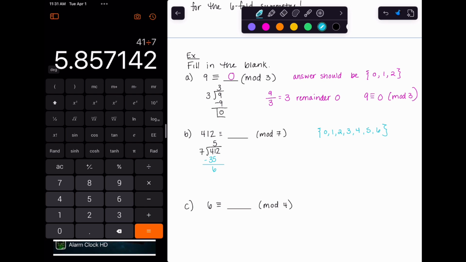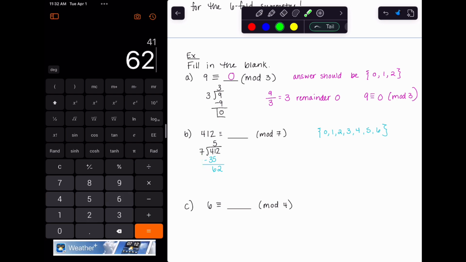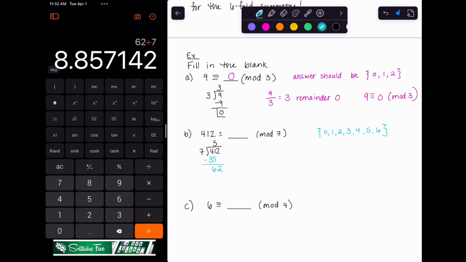And then I bring the next number down, which is 62. Now I want to see how many times 7 goes into 62. If I divide that, you get 8 point something. So that tells me it definitely goes in 8 times. And again, repeat the process. 7 times 8 is 56. And then if I subtract that, my remainder is 6, okay?